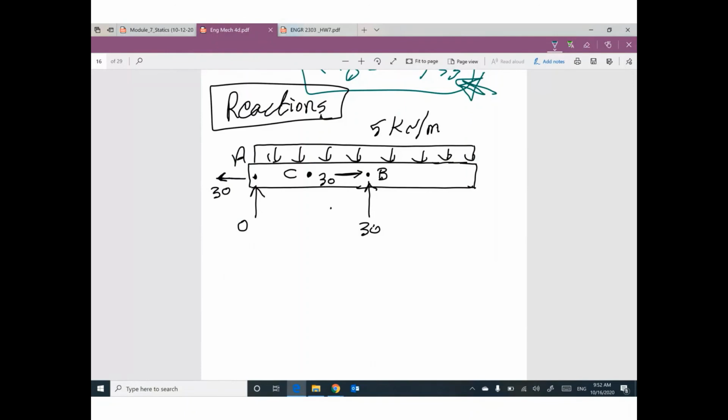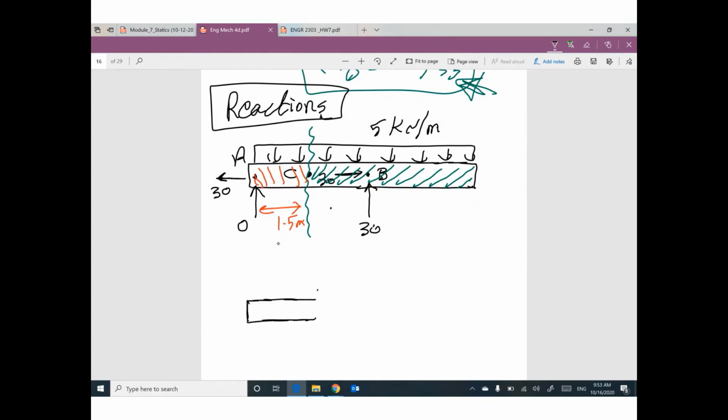Make a cut at C. We have two options: the right part with all of this stuff, or the left part with very little stuff. What do you think? This distance is 1.5. I will decide to take the left part.